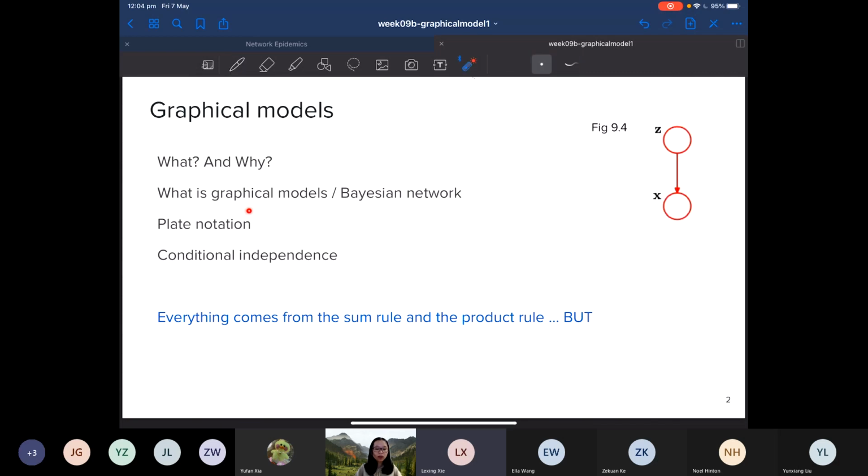Then there are three kinds of graphical models, or graphs, we will be talking about today until next Friday. And today our main focus will be on Bayesian networks.